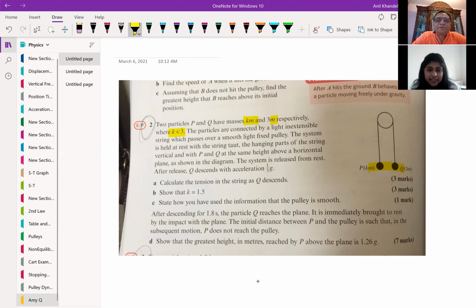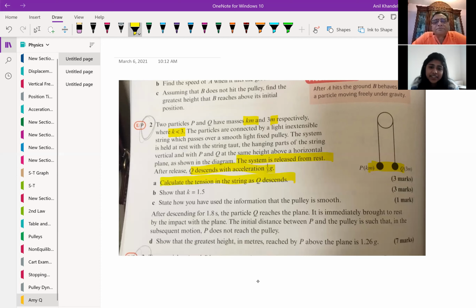The system is held at rest with the string taut, the hanging parts of the string vertical, and with P and Q at the same height above a horizontal plane, as shown in the diagram. The system is released from rest. After release, Q descends with an acceleration of a third g.